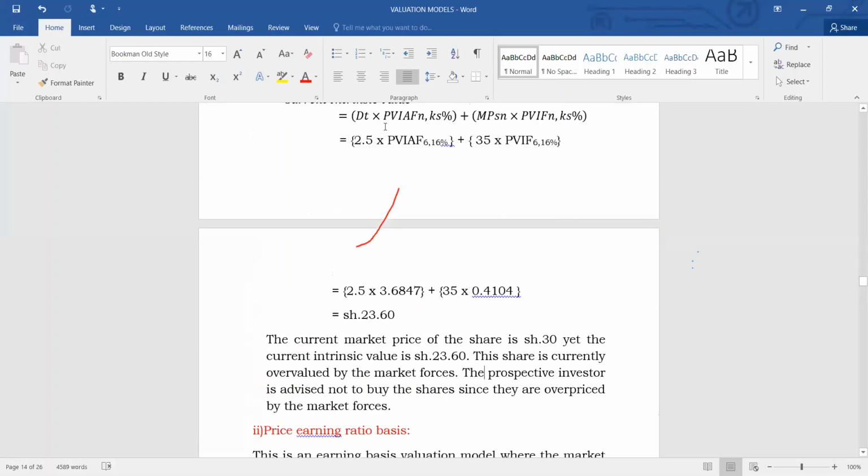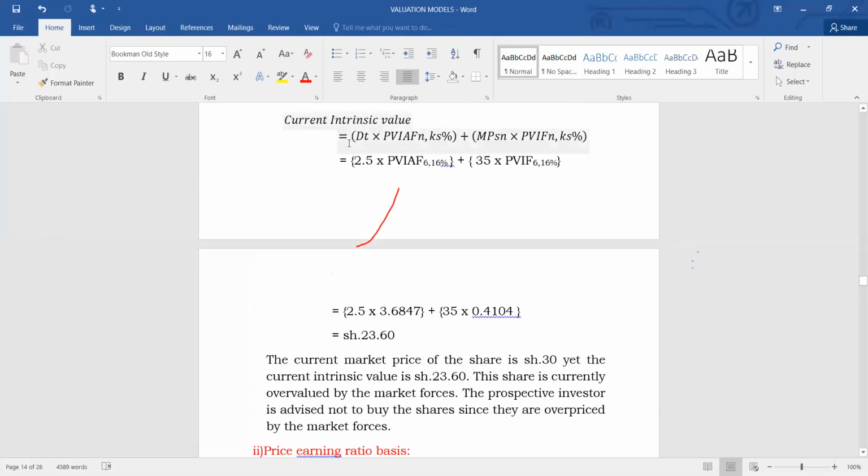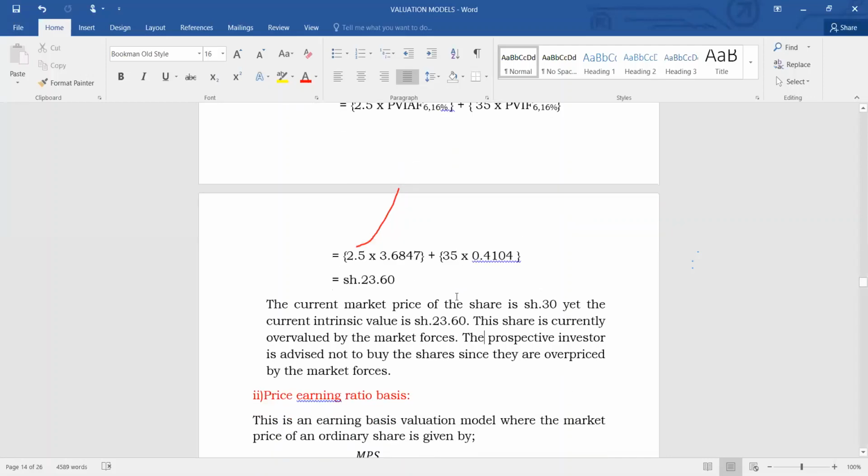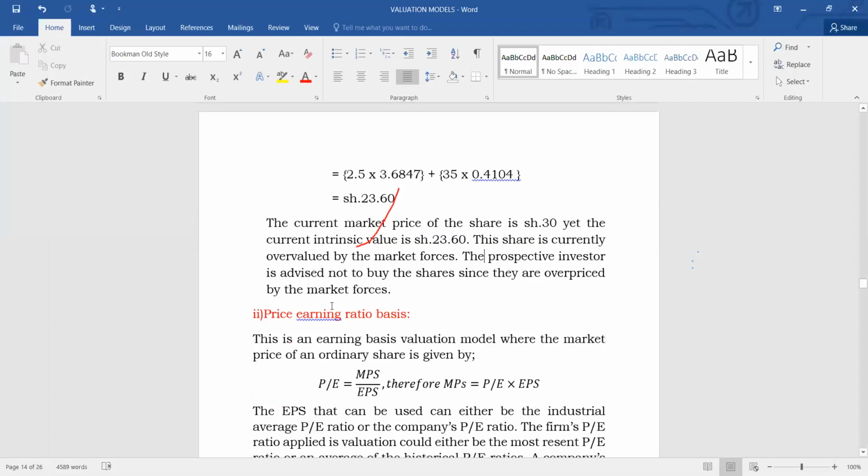Now, as far as dividend is concerned, I think I've been very clear. Ordinary dividend may not necessarily remain fixed because it fluctuates from time to time. Even though I'm saying in this illustration a fixed return of 2.5, what we expect ideally is that dividend can vary from year to year, in which case you cannot discount using the annuity; you'll discount the annual dividend independently using the corresponding factor.